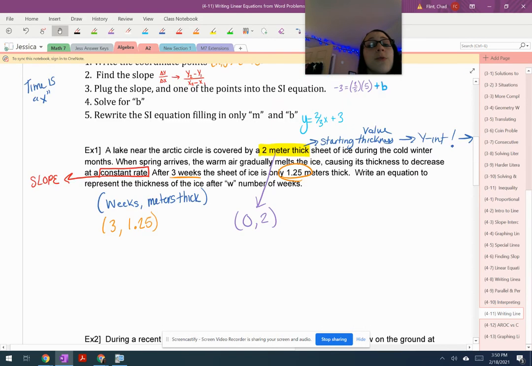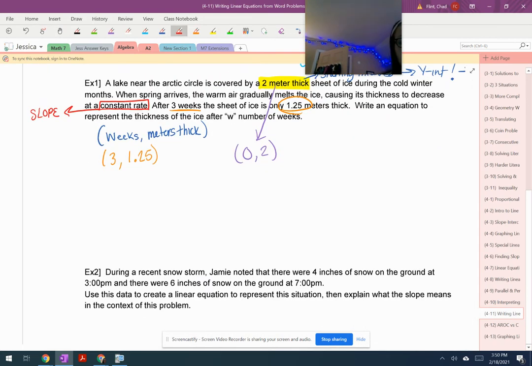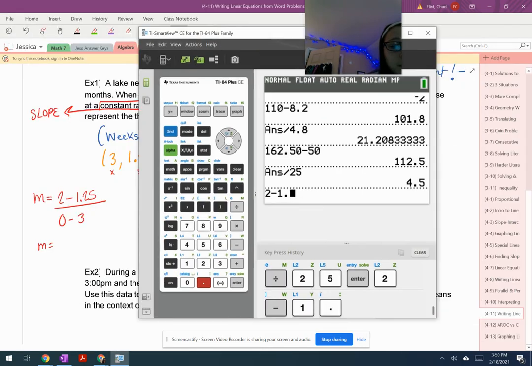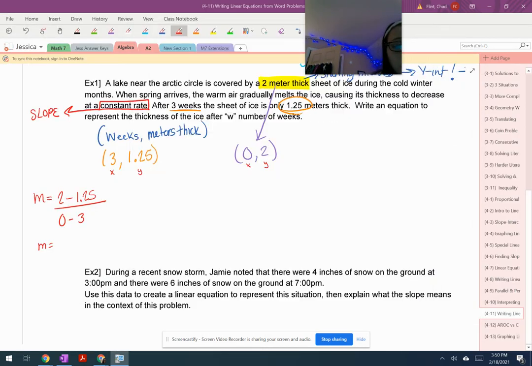Now I'm going to do step 2 and use those 2 points to find the slope. So m is equal to, and again, I'm just using x and y because I know it's easy to confuse those. 2 minus 1.25 divided by 0 minus 3. 2 minus 1.25 is going to be 0.75.